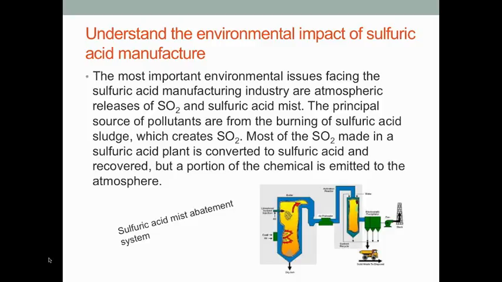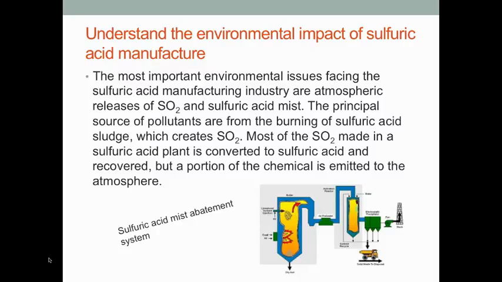The principal source of pollutants is the burning of sulfuric acid sludge, which creates SO2. Most of the SO2 made in a sulfuric acid plant is converted to sulfuric acid and recovered, but a portion of the chemical is emitted to the atmosphere.